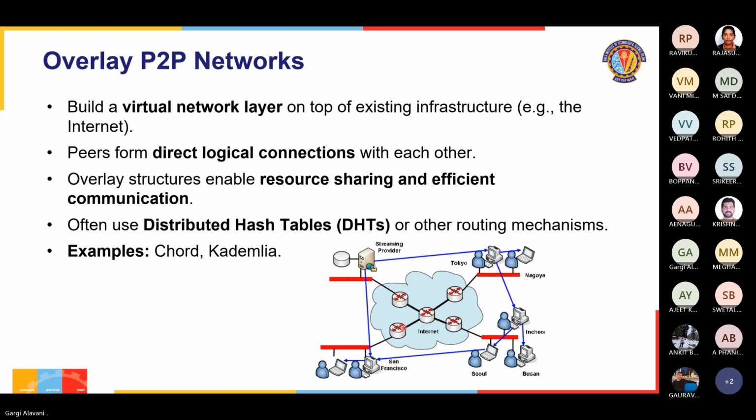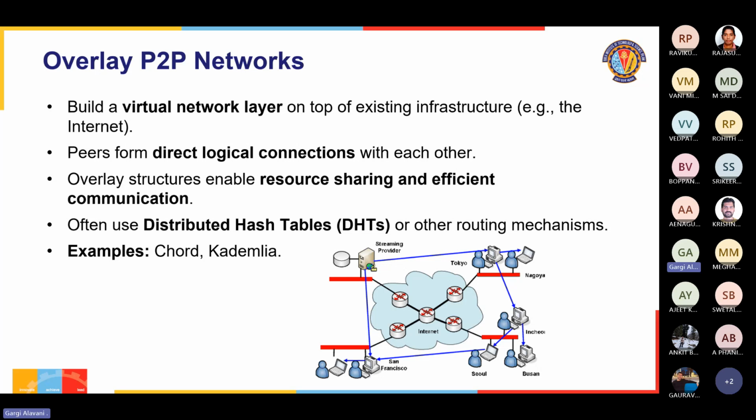Most P2P systems use distributed hash tables or DHTs to quickly locate which peer has a particular resource. This includes Chord and Kademlia, which are well-known DHT-based overlay networks.